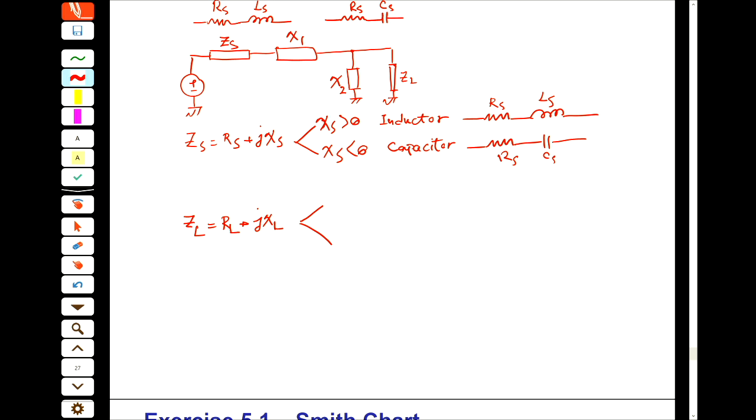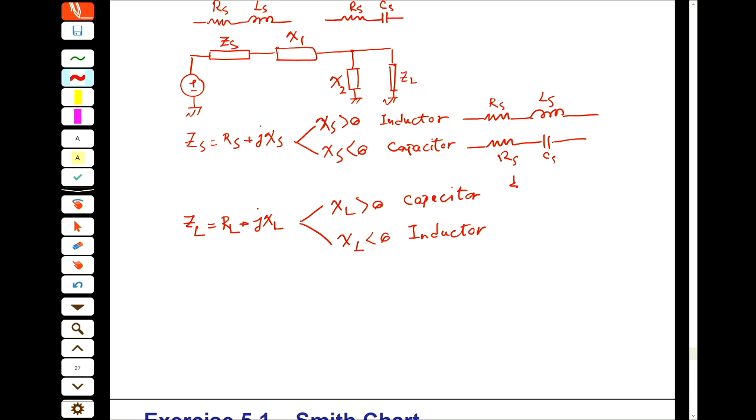And then we can say that this XL, if it is positive, it is a capacitor. If negative, it's an inductor, because it's in parallel.